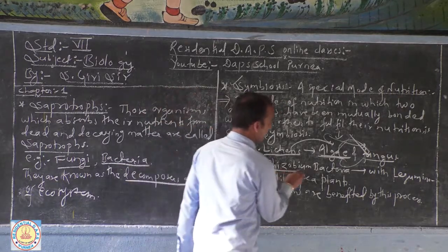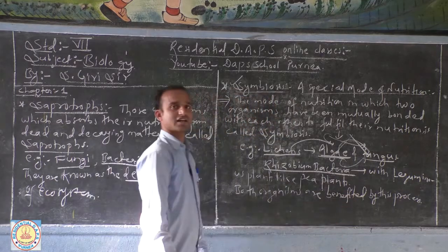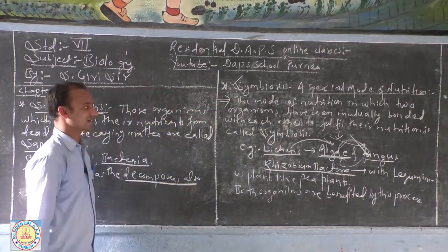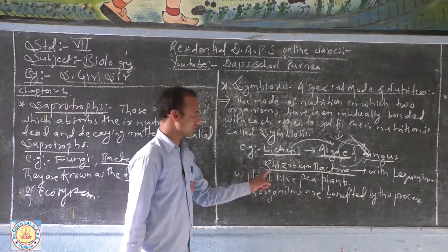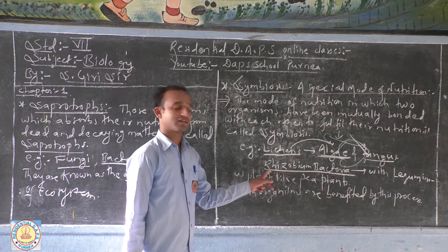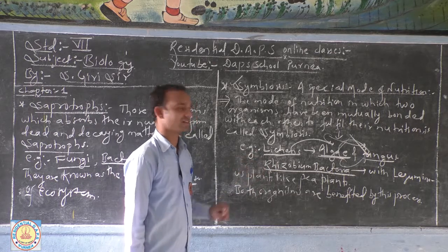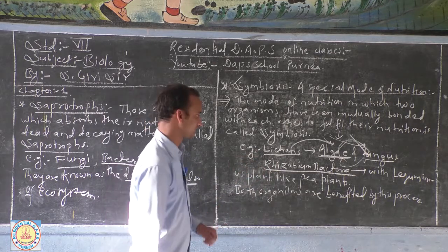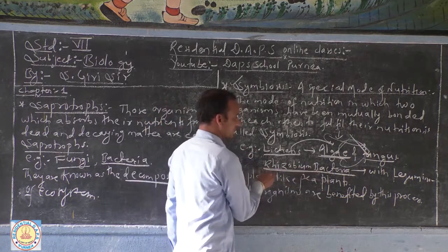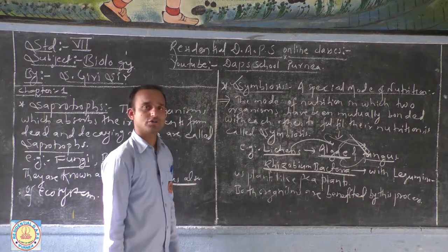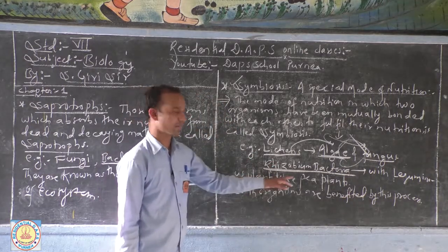Example, you might have seen the rhizobium bacteria. Exactly, rhizobium bacteria are nitrifying bacteria, because plants cannot directly take atmospheric nitrogen, so they have to take the help of rhizobium bacteria. Now rhizobium bacteria are present in the root nodules of some leguminous plants like the pea plant.